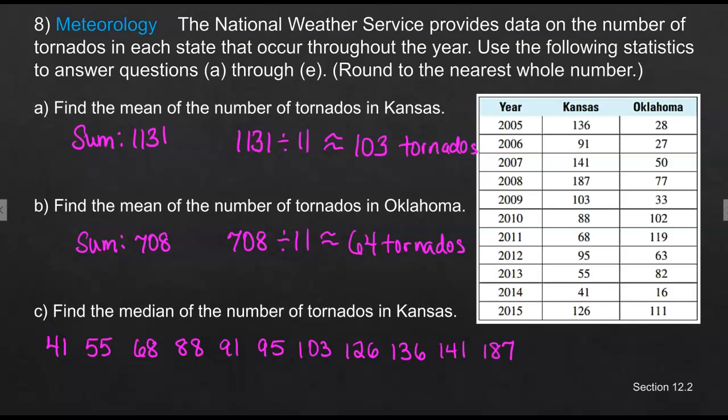Now, I already had these written out, so that's the reason I'm not crossing them off. It is actually helpful to do that. 1, 2, 3, 4, 5, 6, 7, 8, 9, 10, 11. I've got them all. And so the middle number, 1, 2, 3, 4, 5, is 95. So our median number of tornadoes is 95.